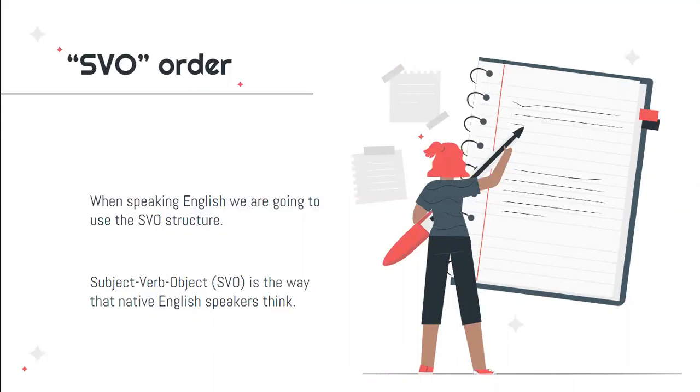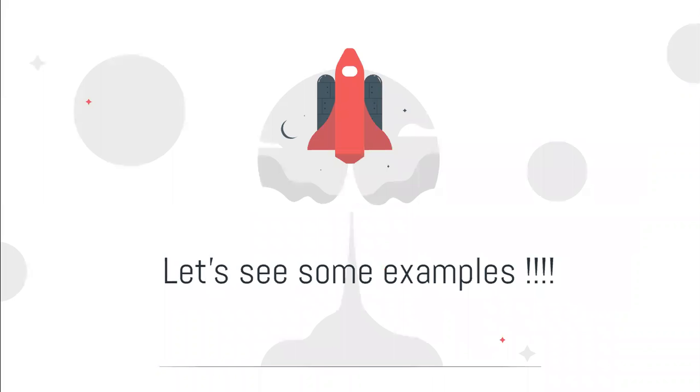That is the way that native speakers think. So we need to pay special attention to this SVO structure because it's the way that English speakers produce their thoughts. It's the way that they organize the words. SVO is as natural as breathing to a native English speaker. So let's see some examples.